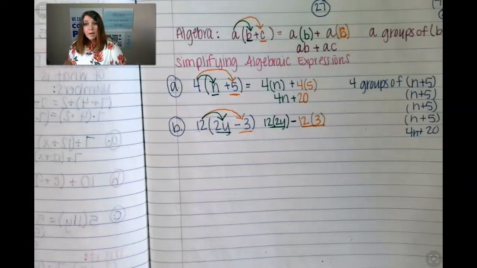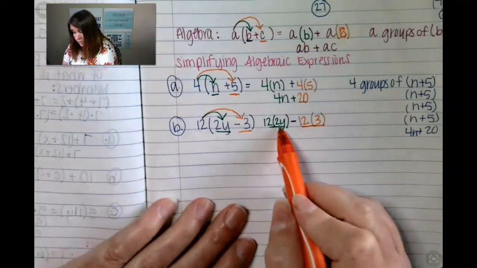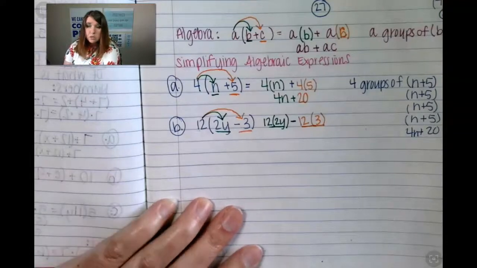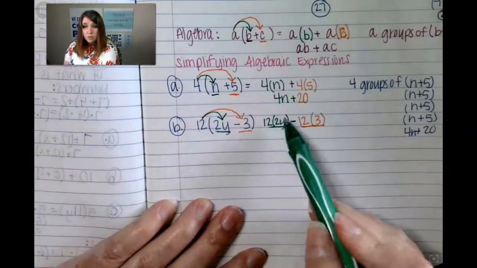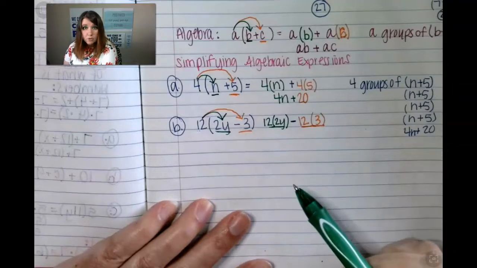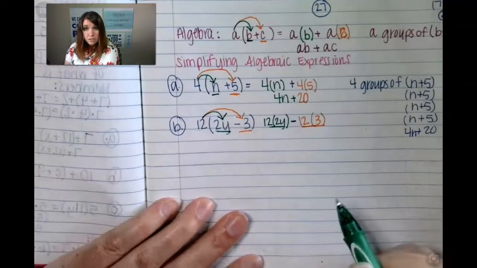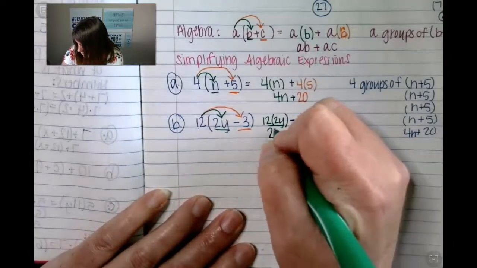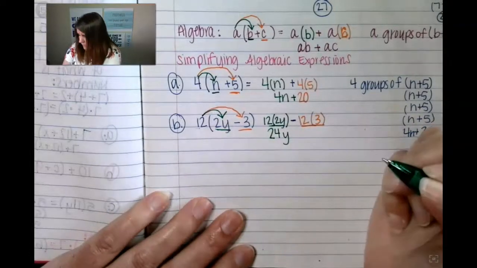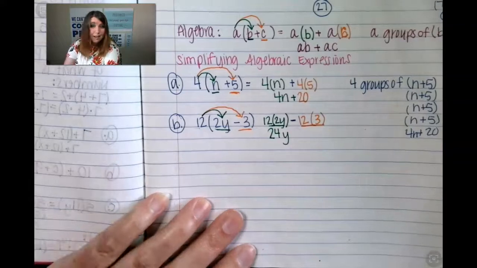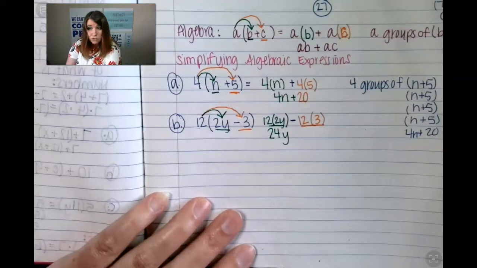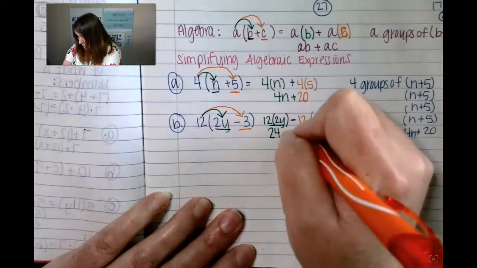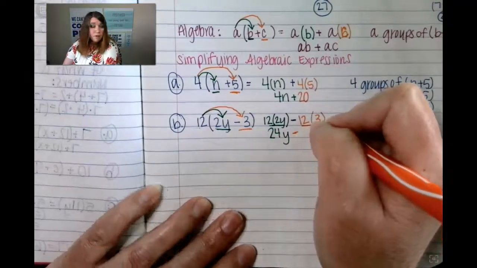Now we're going to combine what I can combine. I can combine the 12 and the 2 because they are both numbers. What is 12 groups of 2? Well, 12 groups of 2 is 24. 12 times 2 is 24. This tells me I have 24 y's. Why? I don't know why we need 24 y's, but we have them. Minus 12 groups of 3.